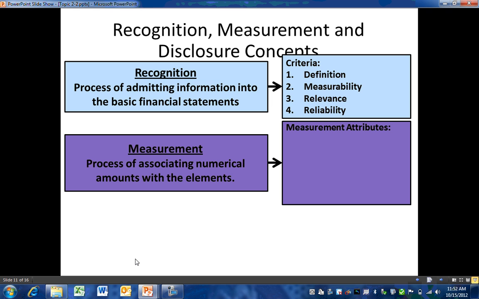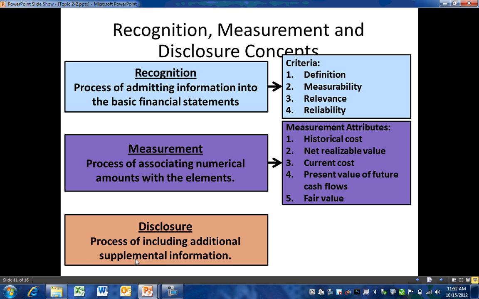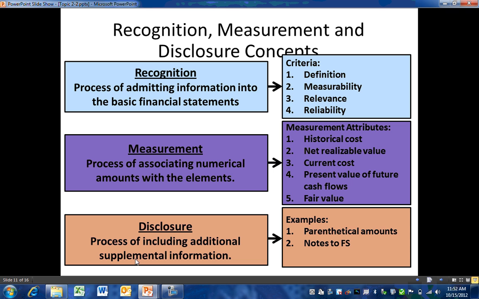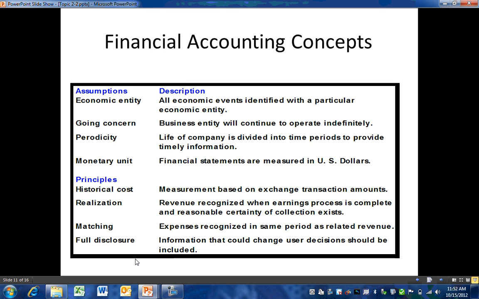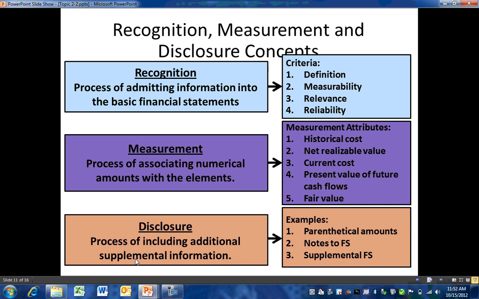GAAP provides standards and guidance that allow us to do three things. Recognize when information is to be added to the accounting system and ultimately reported on the financial statements.